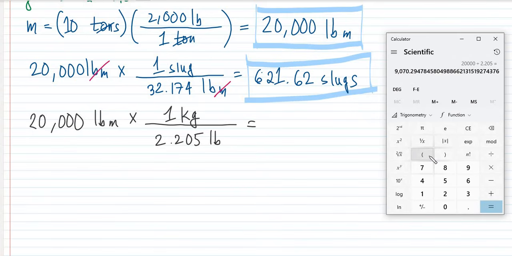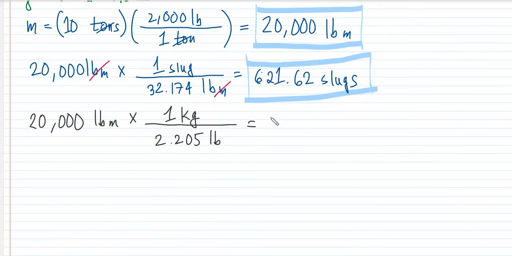The answer is 9,070.29. Okay, let's write that down. 9,070.29. So the pounds cancel out, and the final unit is in kilograms. Okay?